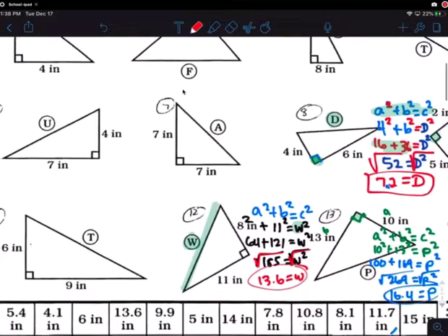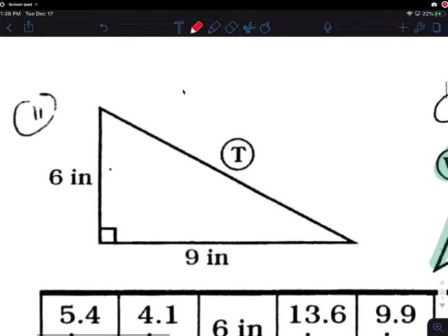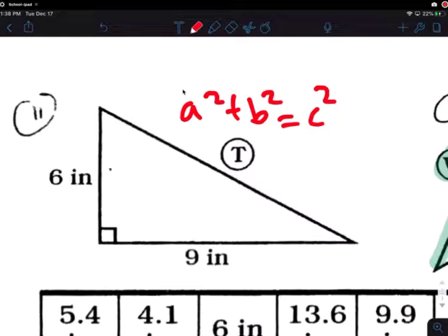That's the answer. Number 11, same thing. A squared plus B squared equals C squared. I'm going to get a calculator so I don't have to go onto my computer. It takes longer. Now, A and B doesn't matter just as long as it's attached to the 90 degree.